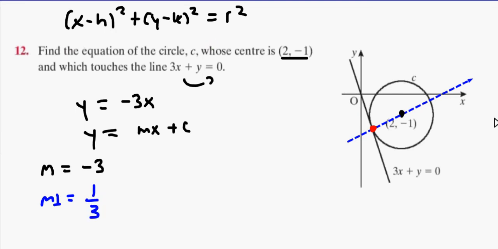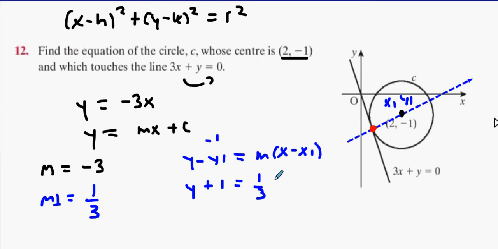Now, what do I do next to get the equation of the blue line? Evan? Equation of the line formula, and sub in your values, okay? And I should get y - (-1), which is y + 1, equals a third (x - 2).